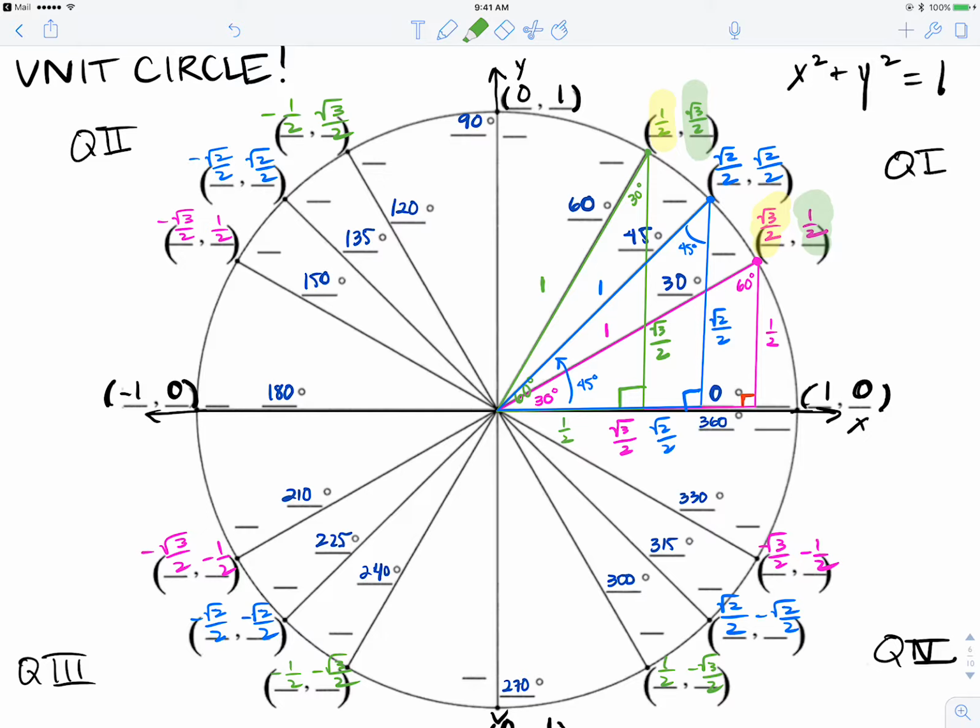Now the way that you can remember this is: all students take calculus. In quadrant 1, all students take calculus.